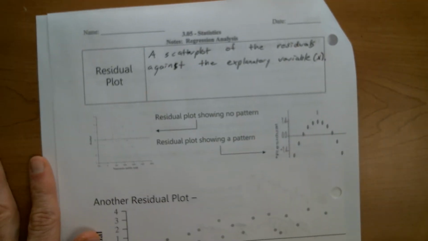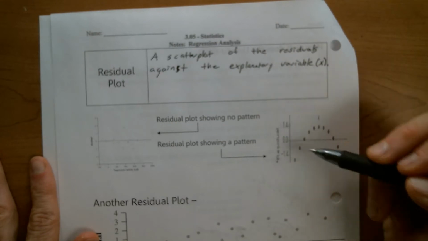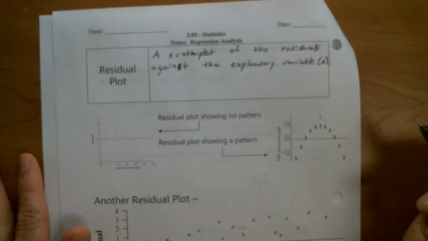All right, so it's a scatter plot of the residuals against the explanatory variable. Your y-axis is going to be your residuals. The x-axis is going to be your x variable.